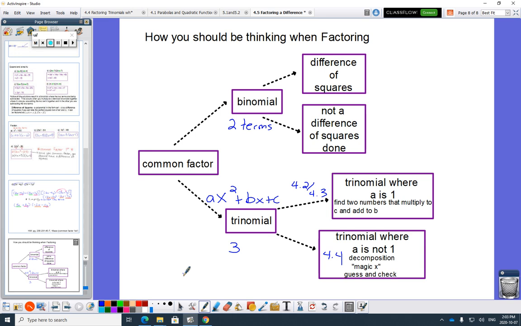But both of these are pretty similar. You're still trying to make that little chart. Multiply to C, add to B. Just this one, it's AC, because there's a letter or a number out front of the x squared.